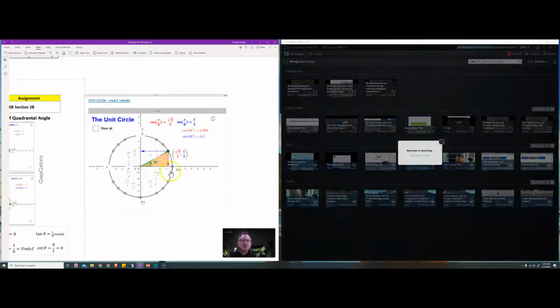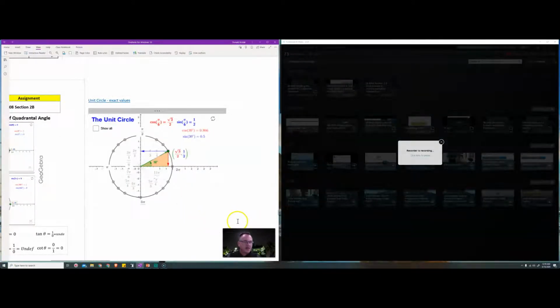Attached to your classroom is this GeoGebra applet that gives you all the exact values that are on the unit circle. By moving this green dot around, I can get all the different values any place I want to go on the unit circle. So we're going to start with the quadrantal angles. Those are the angles that are on the axes.